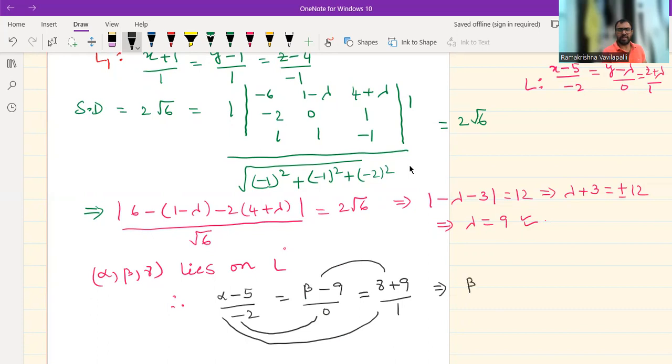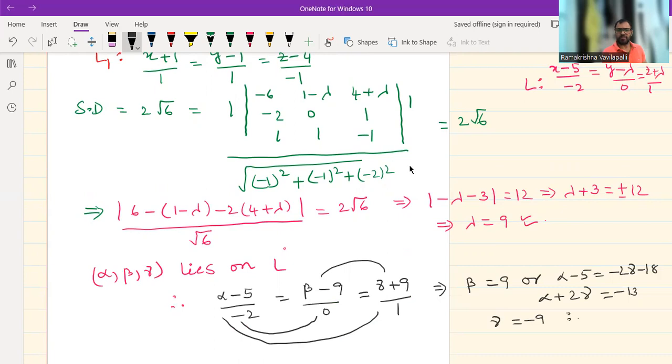So you will get beta equal to 9, or if you take first and last, that alpha minus 5 equal to minus 2 gamma minus 18. So alpha plus 2 gamma equal to, you will get minus 13. And if you equate the last two, you will get gamma equal to minus 9.